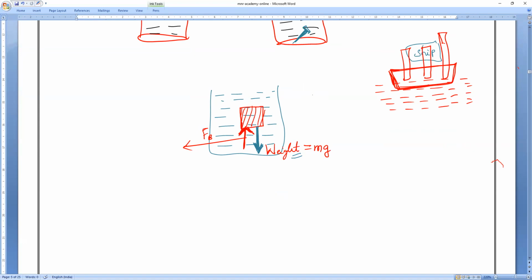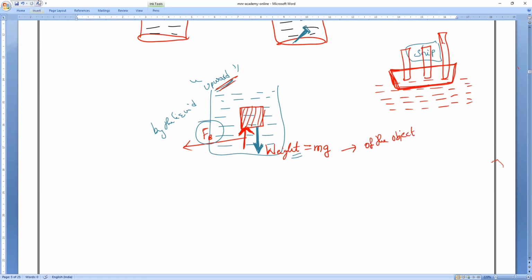Buoyant force is by the liquid. In what direction does it always exert? Everybody? Always in the upward direction. The buoyancy force will always exert in the upward direction, whether the object sinks or floats above the surface or inside the liquid, doesn't matter. And the weight of the object, which object?